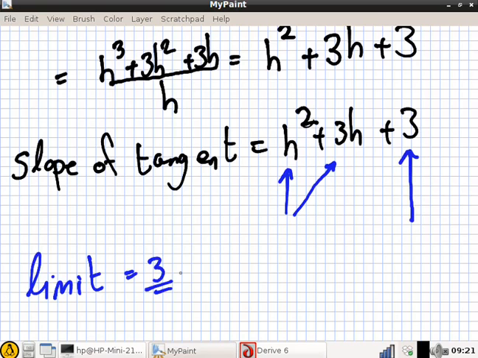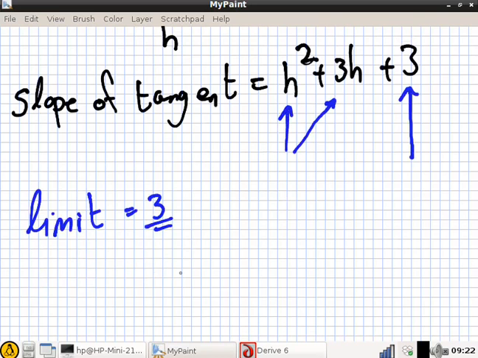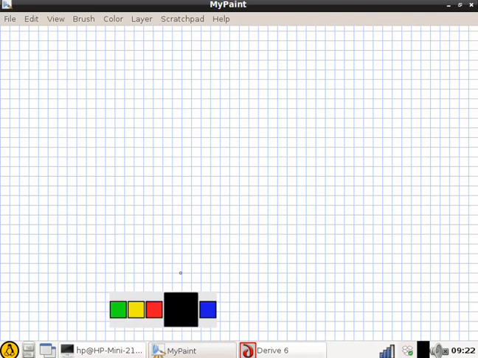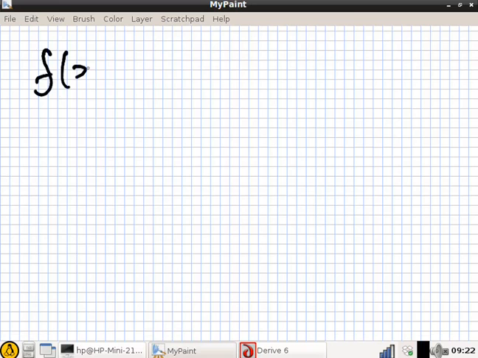Okay. Now let's put down a general formula. Can I scroll down? So let's suppose that it wasn't x cubed. Let's suppose that it was f(x). And let's suppose that the point wasn't 1. Instead, let's just say the point was x.